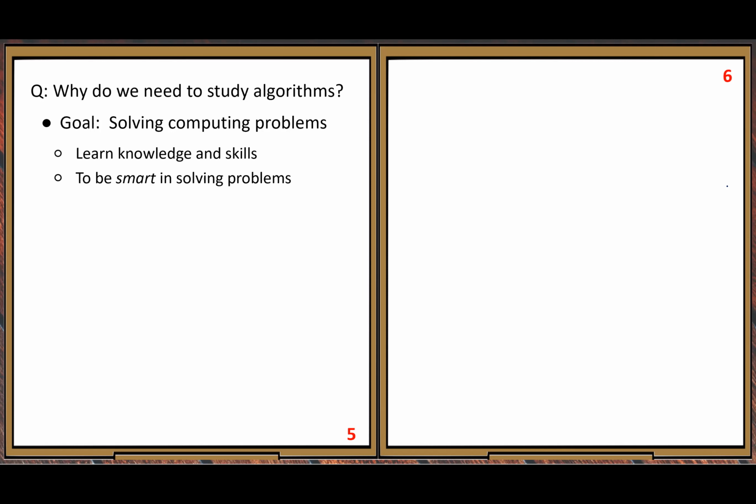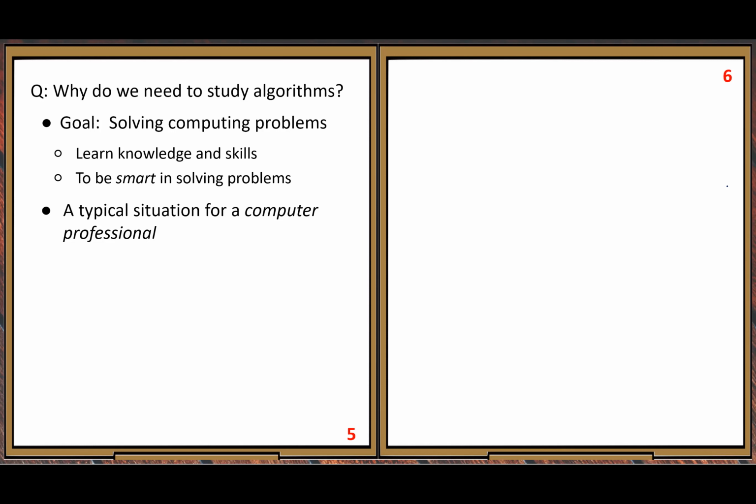So we need to make a lot of use of our brain to be smart in solving those relatively hard problems. I will give you many thinking methods. We need to use thinking a lot, logic thinking a lot.